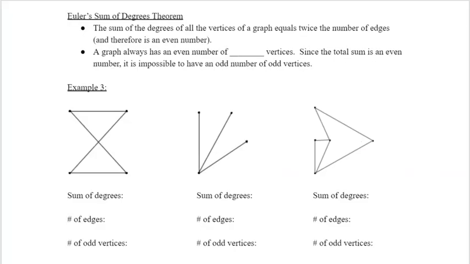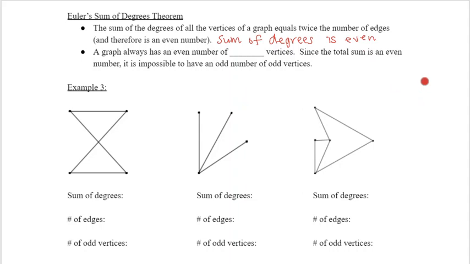Well, we have another theorem, Euler's sum of degrees theorem. The sum of the degrees of all of the vertices in a graph is equal to twice the number of edges, and is therefore an even number. So the sum of degrees is even.